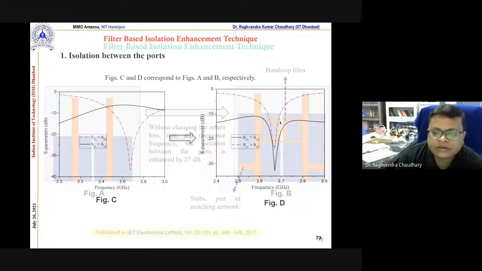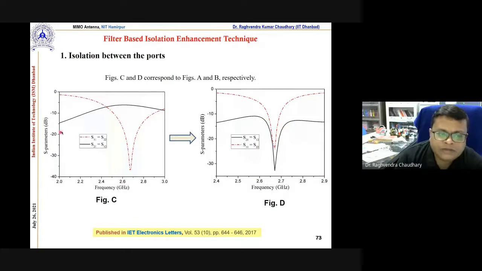If you see the S parameters here, S21 is very high, so we cannot say this is a MIMO antenna. But as soon as we introduce the filter, we have S21 of -25 dB.